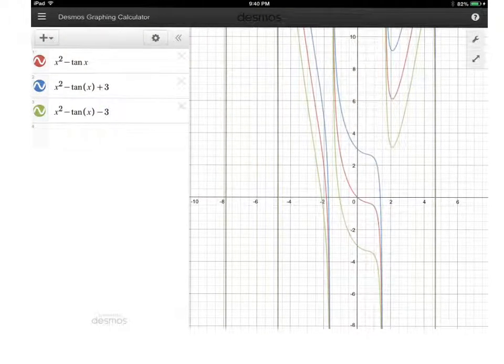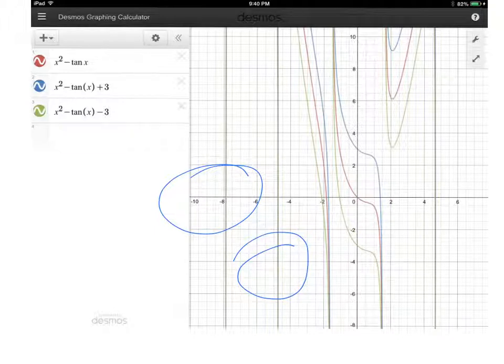All right, so if you look, the graph in red is x squared minus tan x, c is 0 there, and then the blue one is plus 3, so it's been shifted up 3, and the green one has been shifted down 3. There are a bunch of different discontinuities to this particular graph. You have a discontinuity, a segment here, a segment here, and then you've got this segment here where the shifts are affecting it.